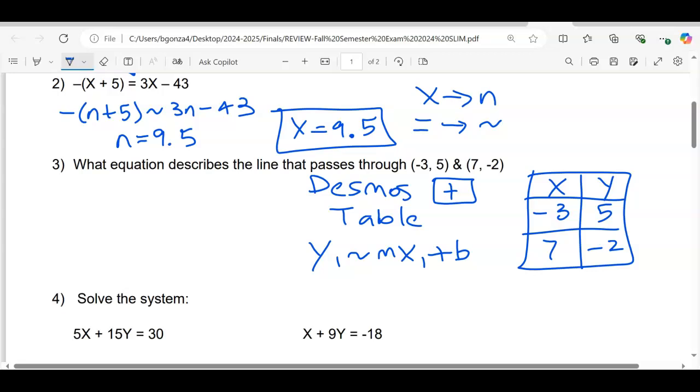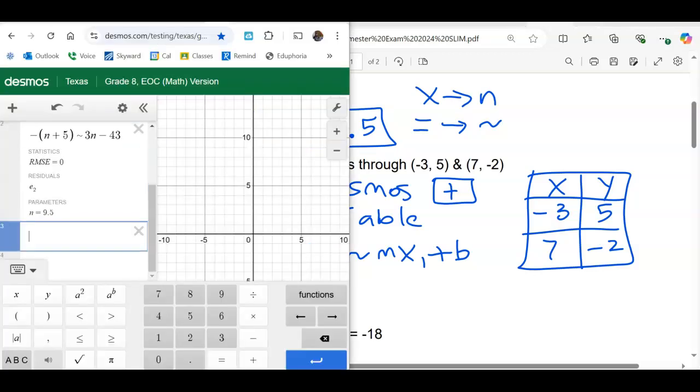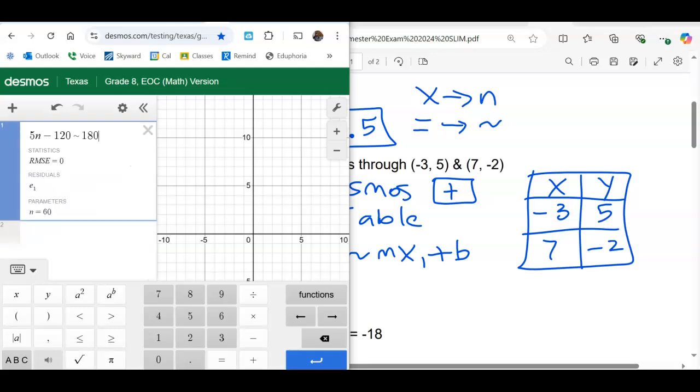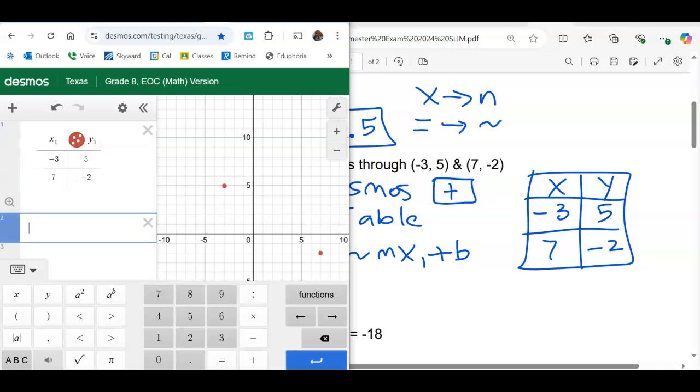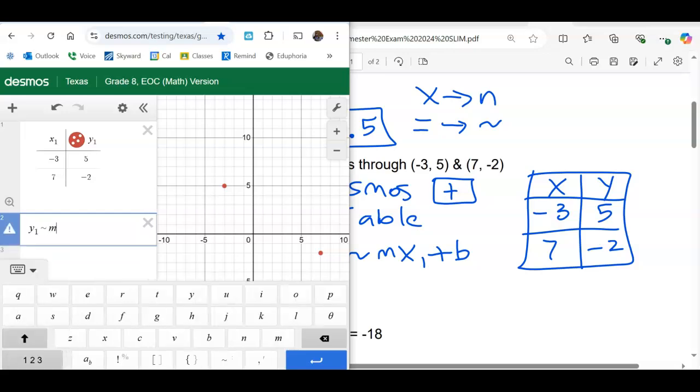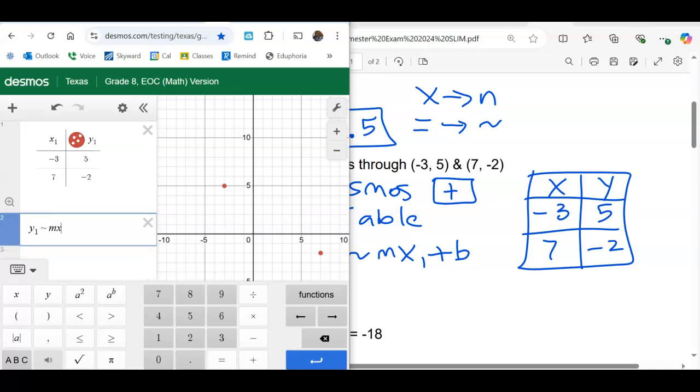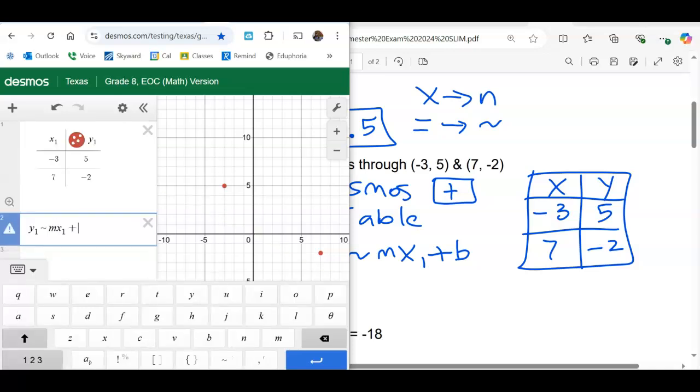Cool. All right, let's do this. So, go here. Let's start. Hit the plus sign. Hit table. Negative 3, 5, 7, negative 2. And let's type y1 tilde m x1 plus b.